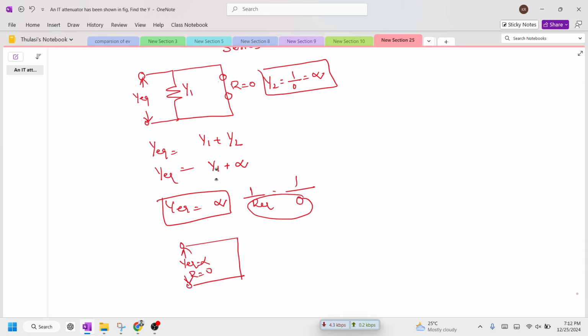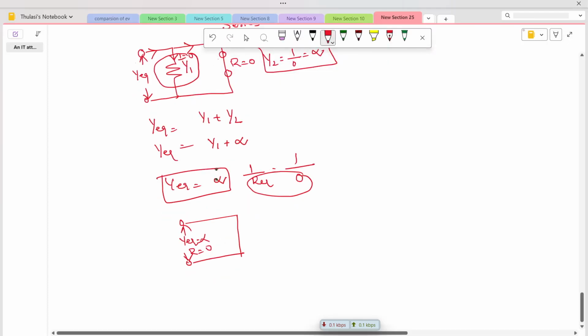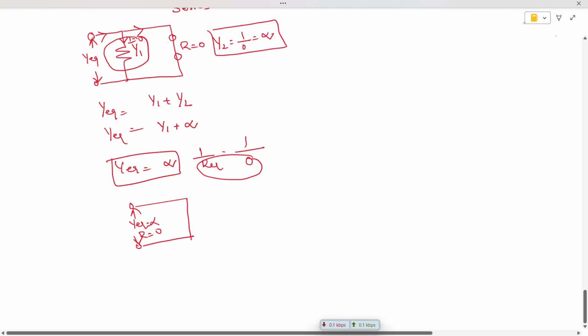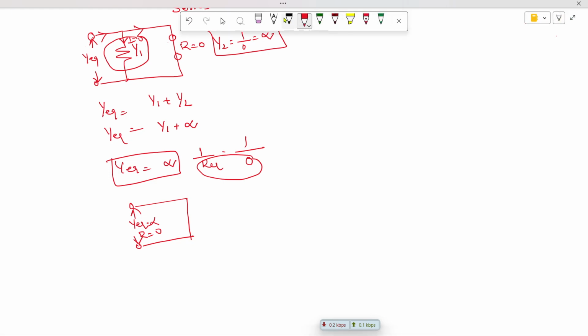So whenever the current comes here, the current in this branch is 0. It is like this branch is offering high resistance, therefore current flows only in the other branch. Current doesn't flow in this branch; it flows only in the short circuit branch. So the resultant is nothing but r equal to 0.